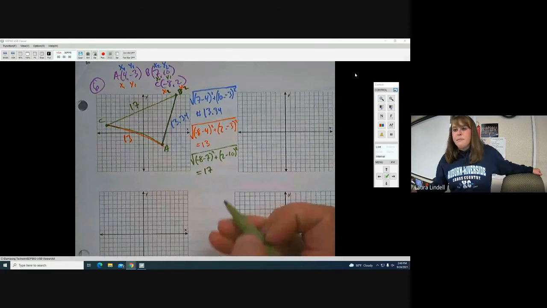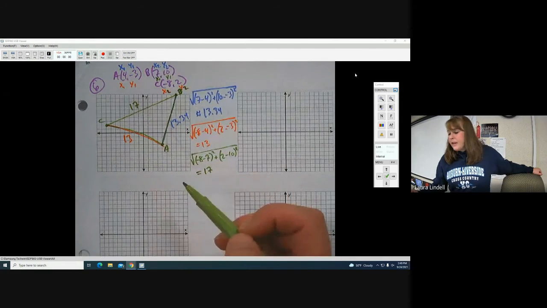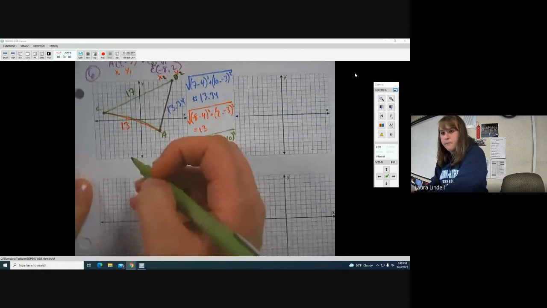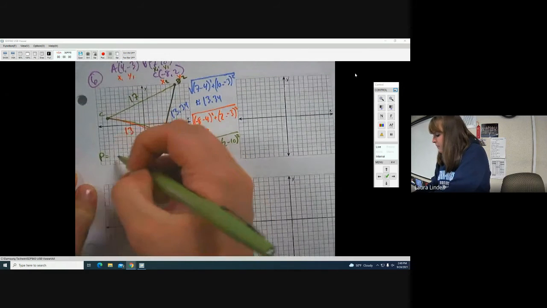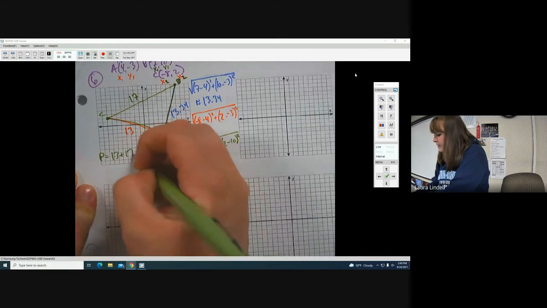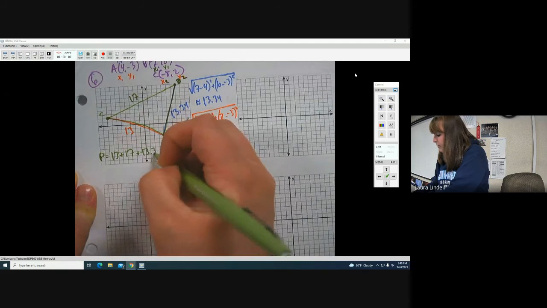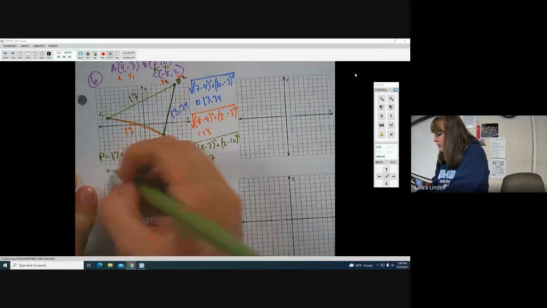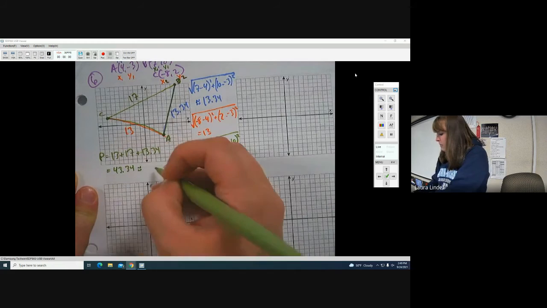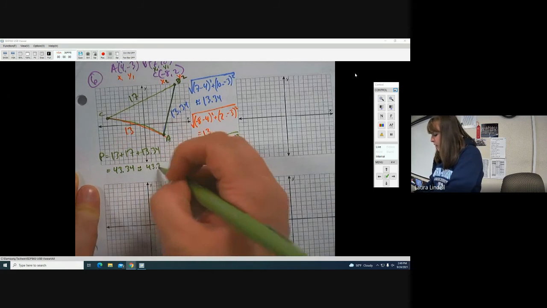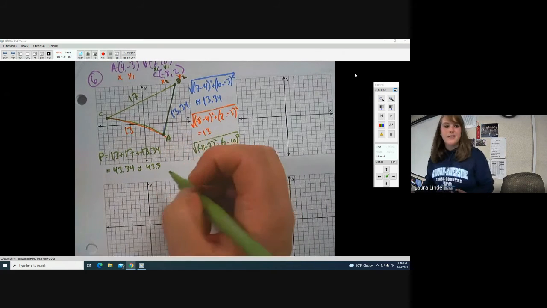Then to find perimeter, you just have to add all three sides together. So the perimeter is going to be 13 plus 17 plus 13.34, which gives us 43.34, or approximately 43.3, since the worksheet told us to round to the nearest tenth.